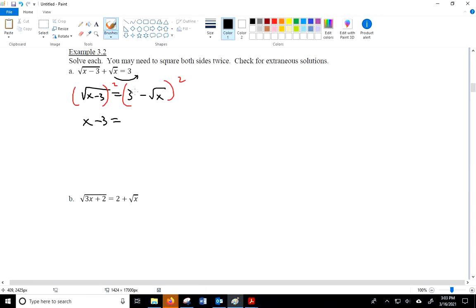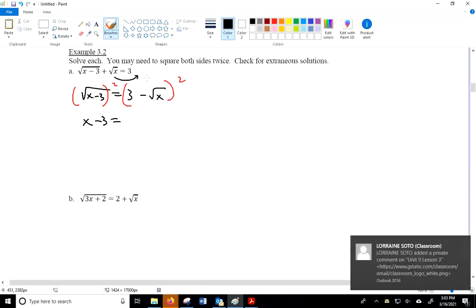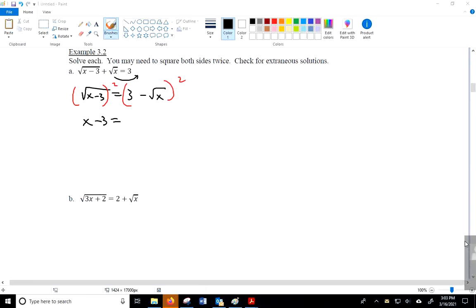And again, it follows this a plus b squared pattern. You square the first term. Multiply the 2 together and double it. So 3 times root x is just 3 root x. And double it, you get 6 root x. And then I square the last term, making it a positive, just a single x.